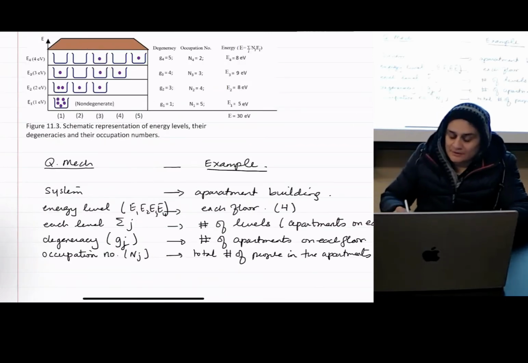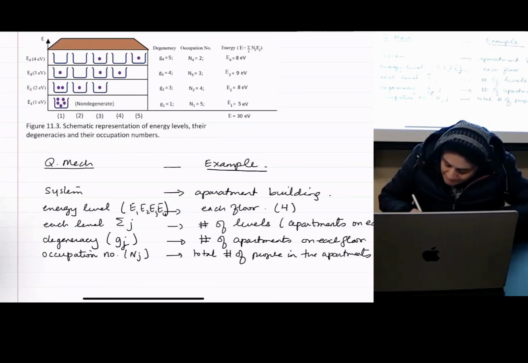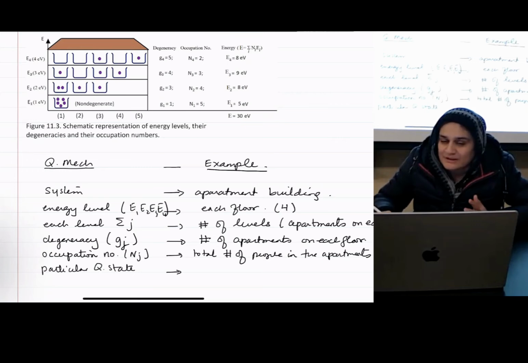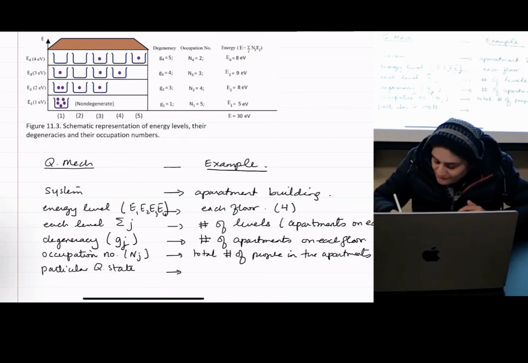And the particular quantum state is equivalent to the number of people in one apartment.